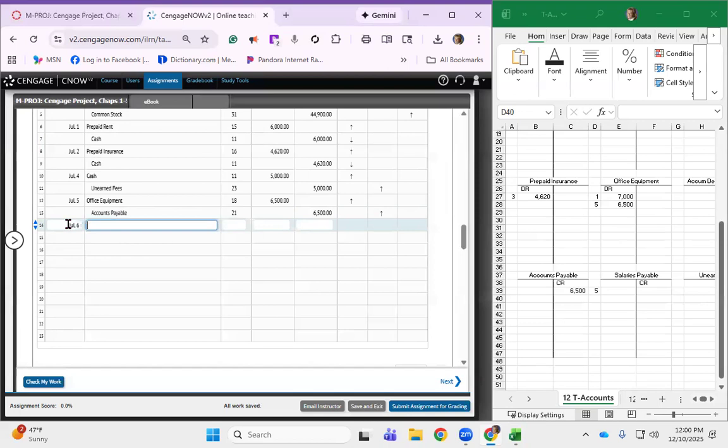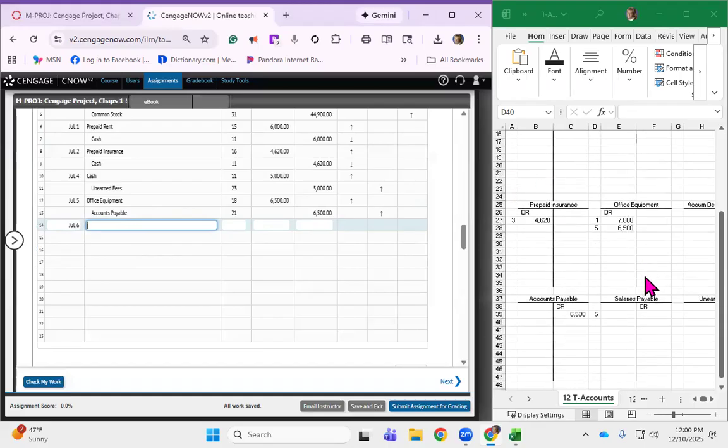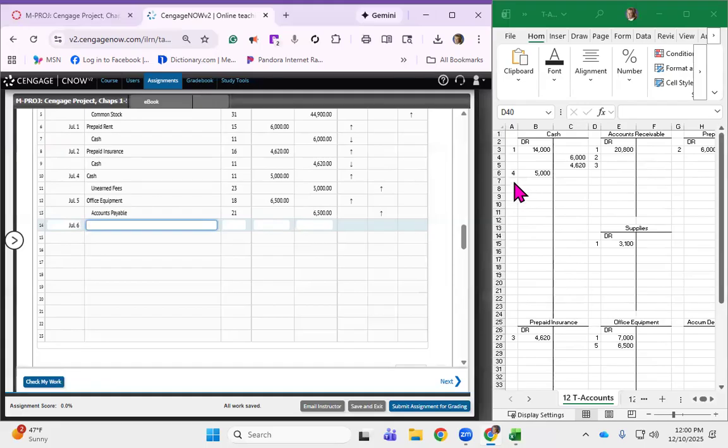Okay, July 6th. It says received cash from clients on account. When you receive cash, it goes up. So this is number 6. So cash is going to go up here by $15,000.